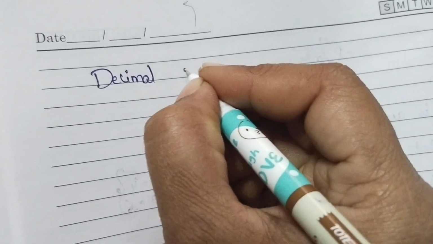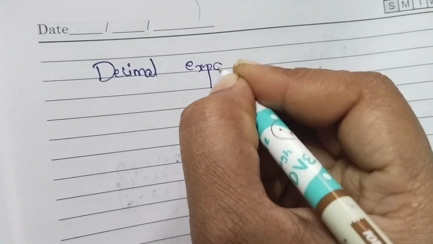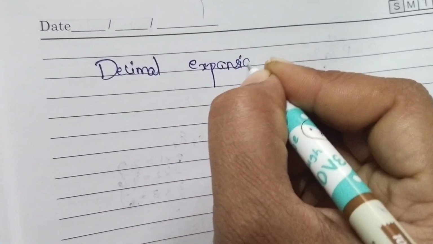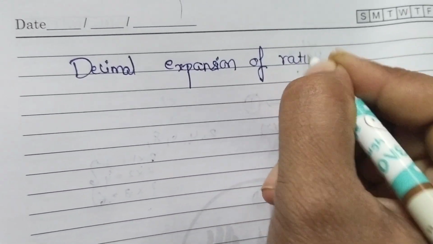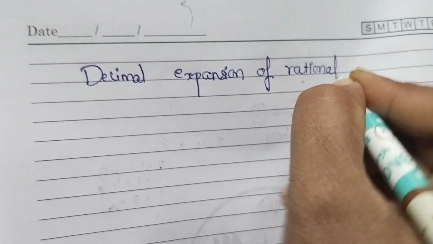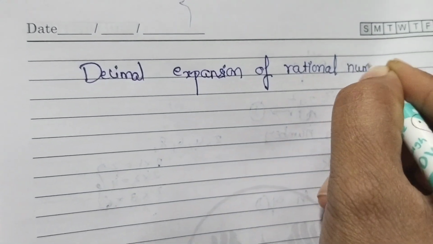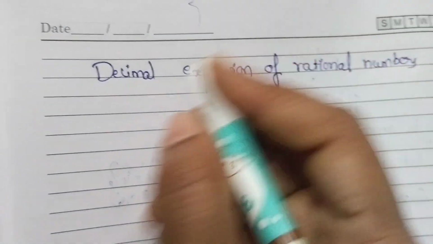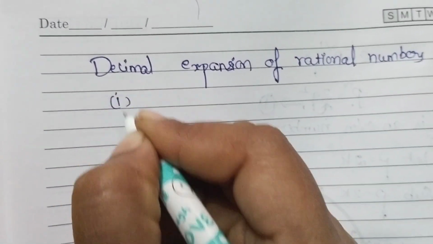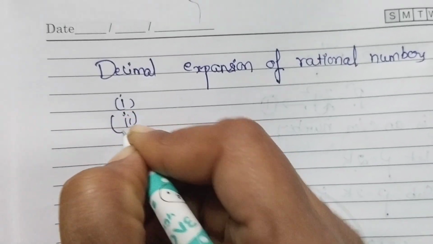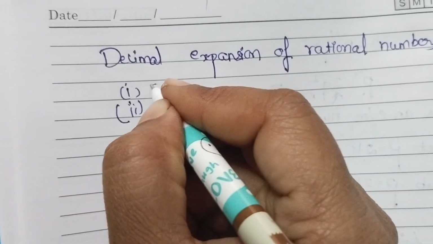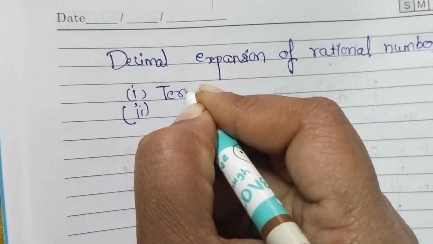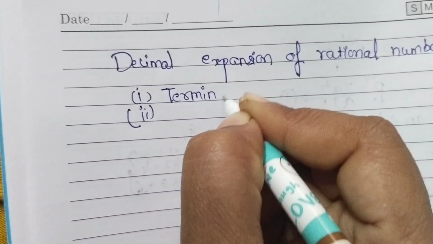Decimal expansion of rational numbers, okay? For that we have two conditions, two statements, okay? First one is terminating decimal. It can be terminating.